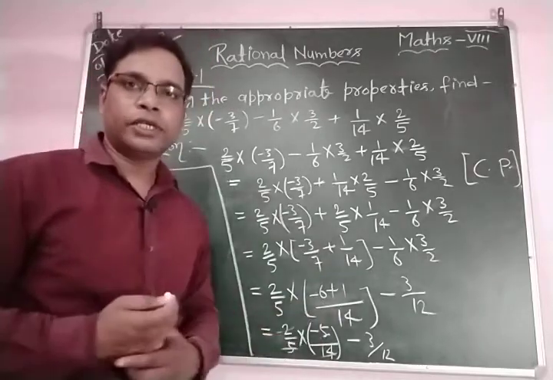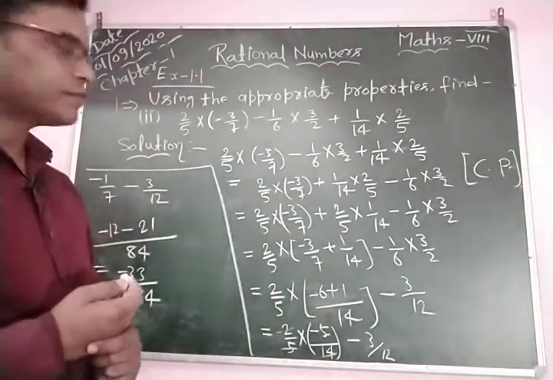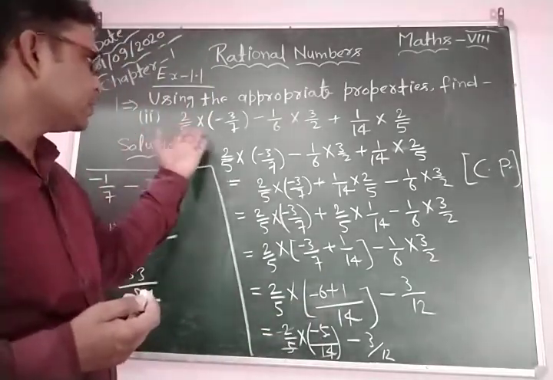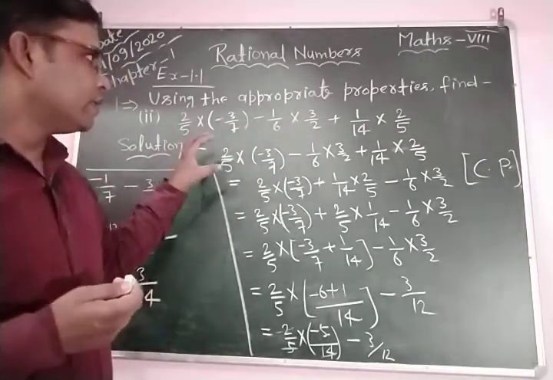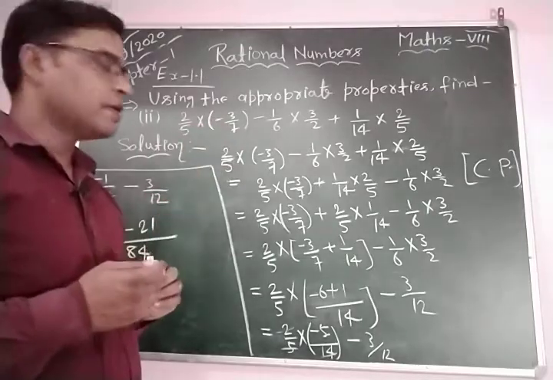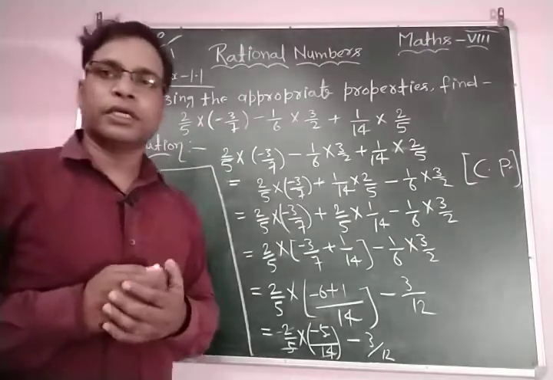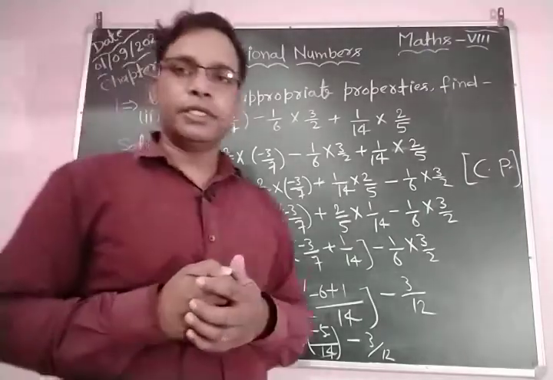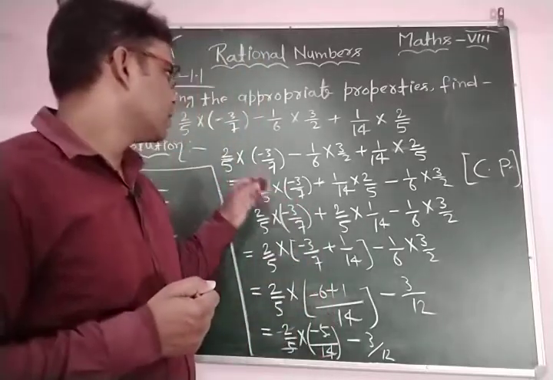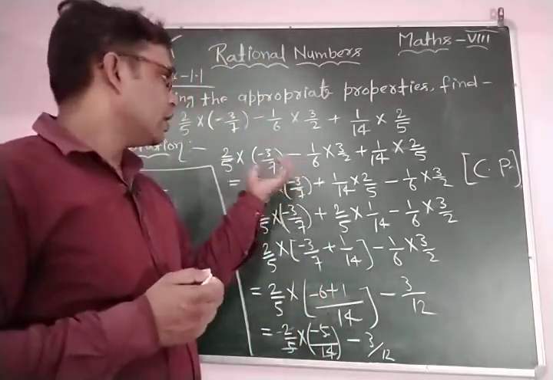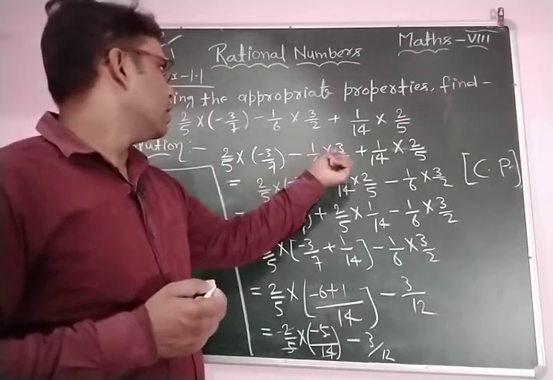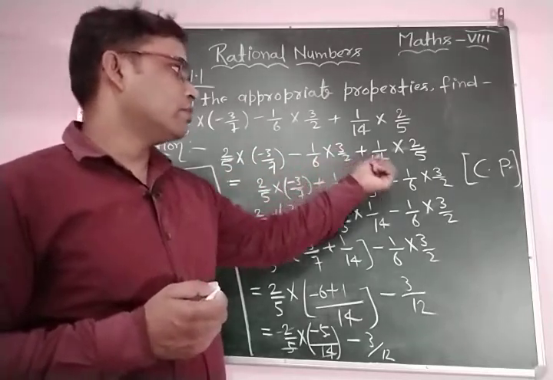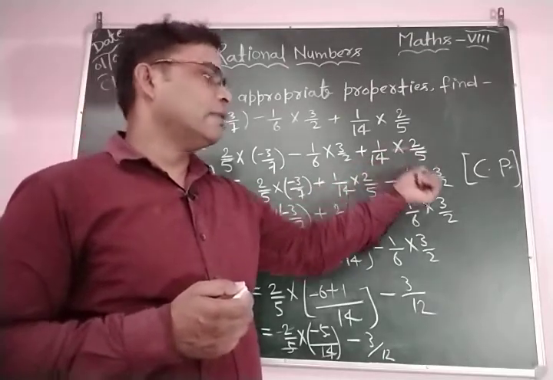Okay, students, I hope all of you understood this question. In this question, first this is given, and we need to find their sum using suitable properties. So for this, first we rearrange it, and we write 2 by 5 into minus 3 by 7 minus 1 by 6 into 3 by 2 plus 1 by 14 into 2 by 5.